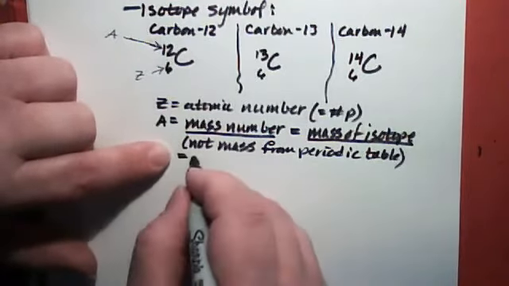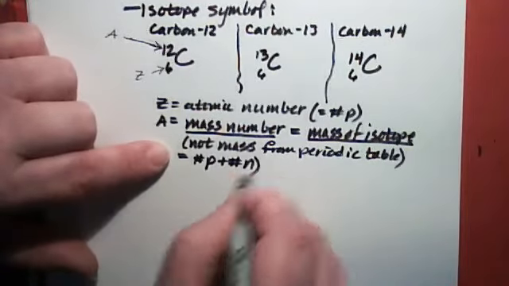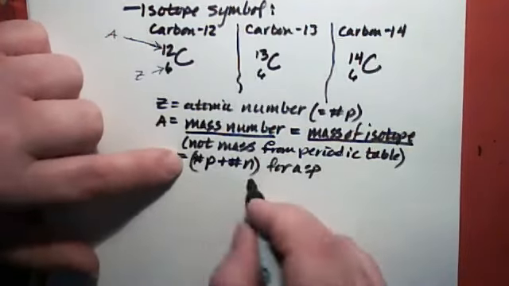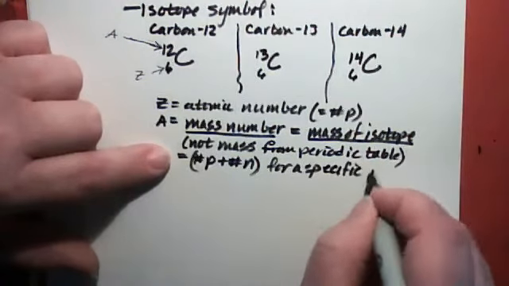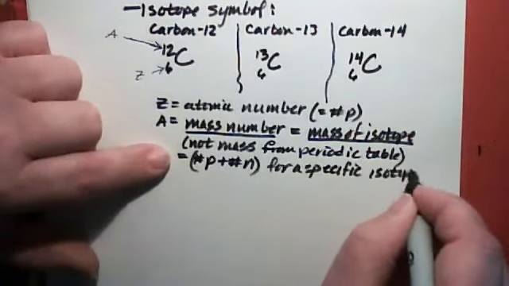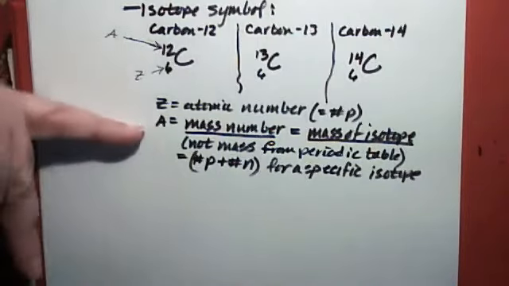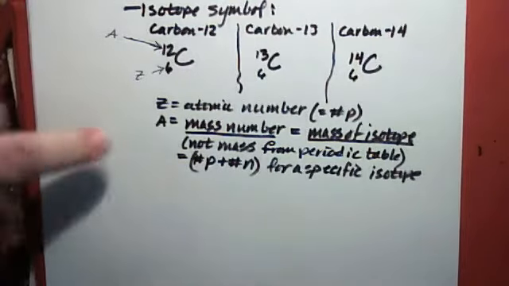The mass number is actually equal to the number of protons plus the number of neutrons for a specific isotope. So in order to find the mass number, you have to know what isotope you're talking about.